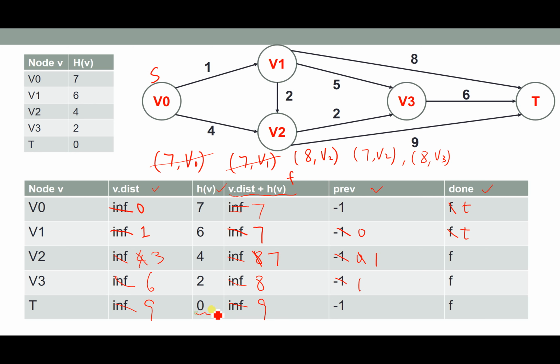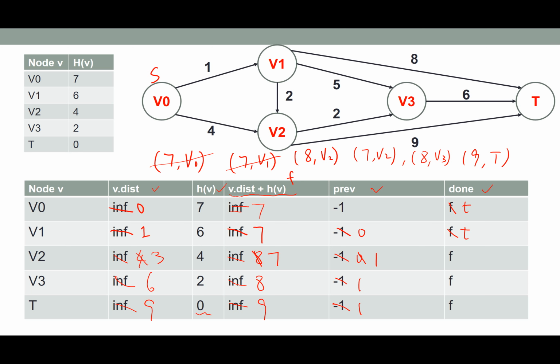You may ask, why is it 0? Because if you use the direct line distance between t and t, it's going to be 0. So this one will be 1, and we enqueue 9 t. Okay. So we are done with all the neighbors of v1.